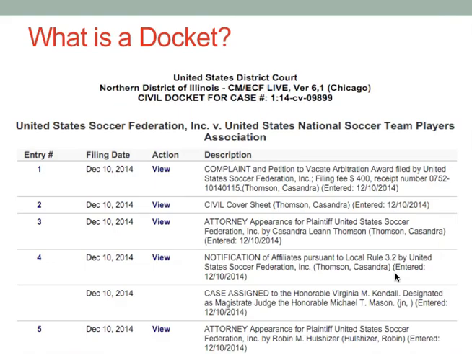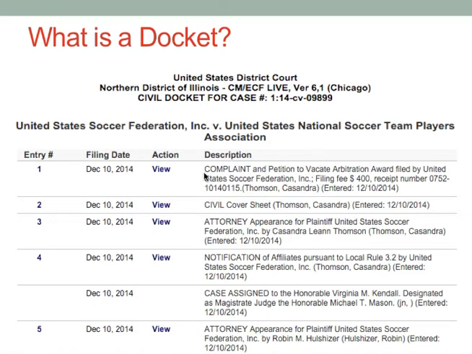So what is a docket? Well, this is a little piece of a docket, and I've copied just some of the information from it. You can see it lists the court that it's in, in this case a U.S. District Court in the Northern District of Illinois, the party names, the docket number, and then this actually had a lot more entries, but these are the first few entries, and I think by looking at this, you can see that a docket is basically a list of everything that's happened in a case.